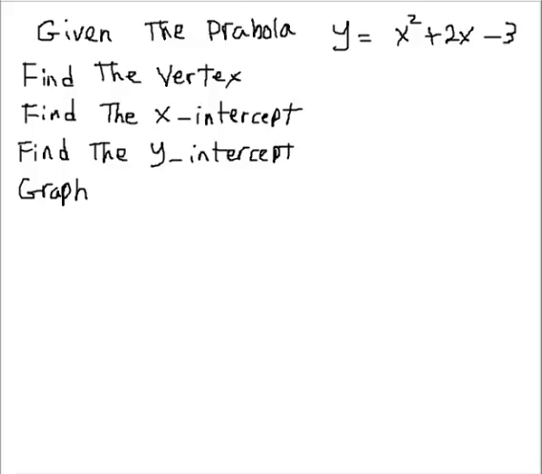You have the parabola y is equal to x squared plus 2x minus 3, and we want to find the vertex. Anybody remember the formula for the vertex? How do you find the x coordinate of the vertex?